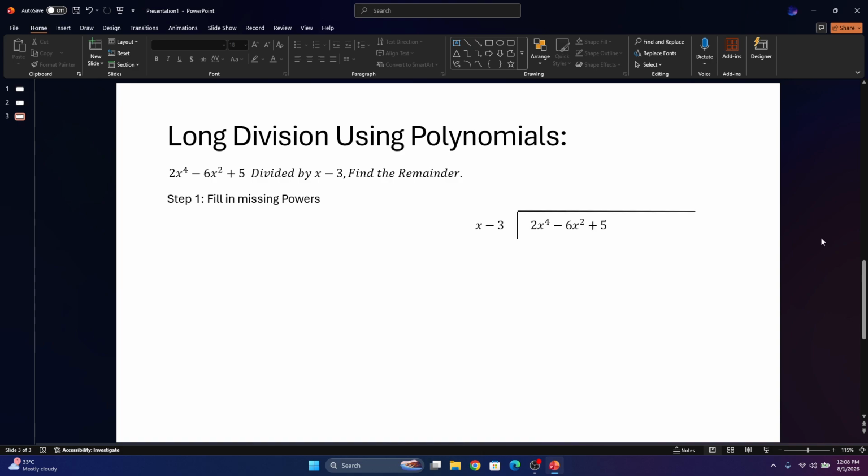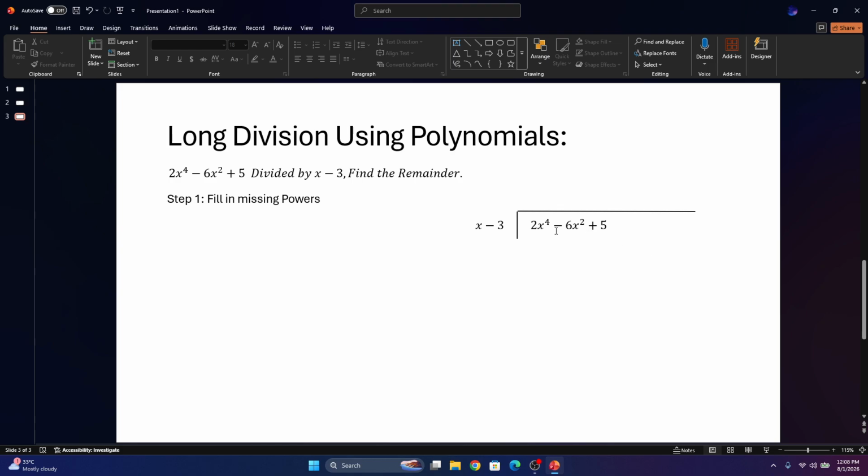Now, to start long division, we're just going to set up our expressions like this, which is basically how we use normal long division. It is basically just put the dividend inside of this shape and then put the divisor outside. And now what we're going to do is, first of all, fill in all the missing powers. So for example, you can see that we jump straight from x to the power of 4 to the power of 2.